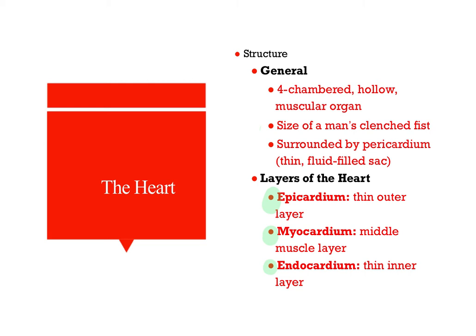Then we have the myocardium. Myo means muscle. So anytime you see myo in a word, sometimes you might see it MYE as well, it means muscle. And then cardium, myocardium, this is talking about the heart muscle, okay?